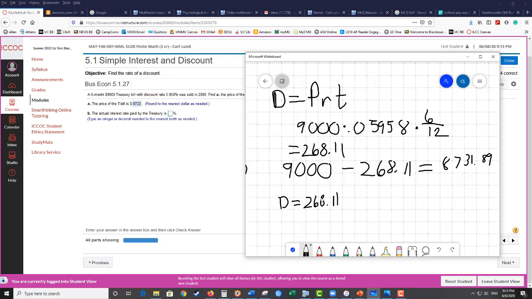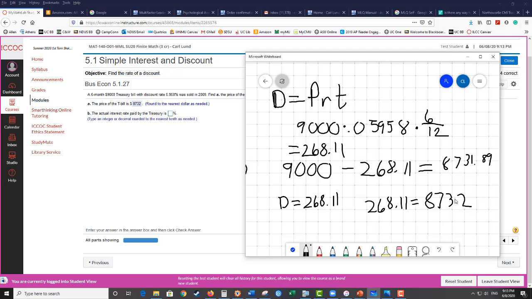And remember, this is what we call interest when we're talking about a bond of some sort. So I'm going to get $268.11 equals principal. The principal here is our answer for part A. It's what the buyer actually paid for the T-bill.